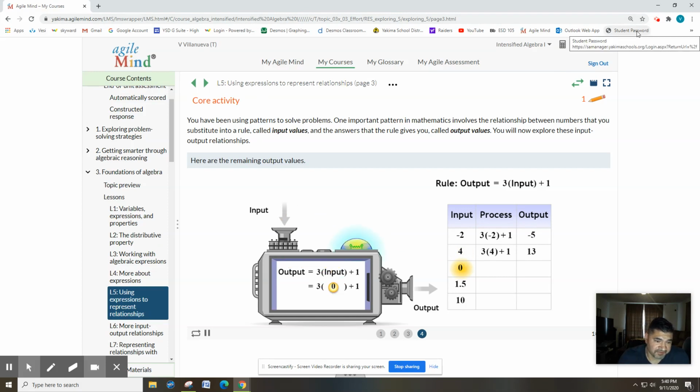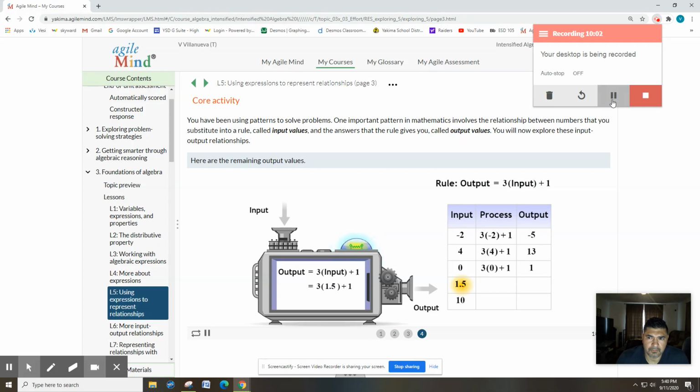Okay, and we'll watch them put the rest of these inputs in. 3 times 10 plus 1. That gives us 31.